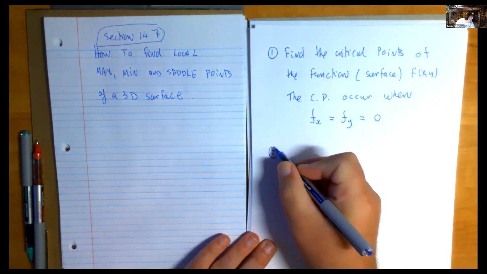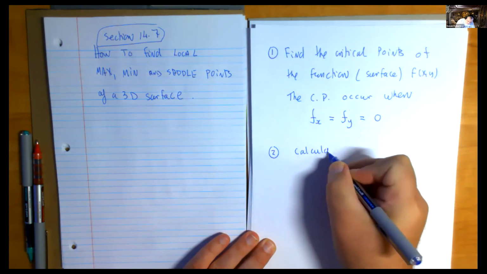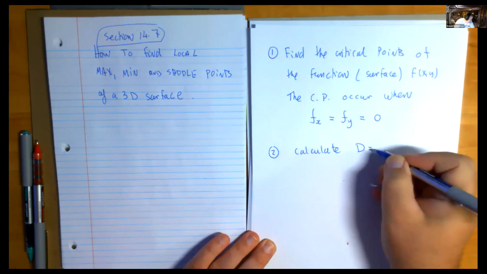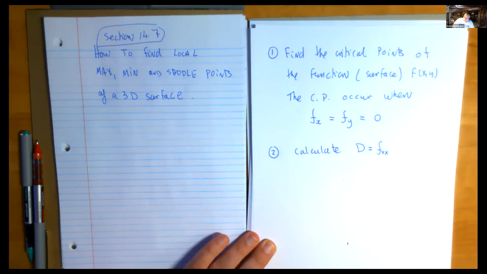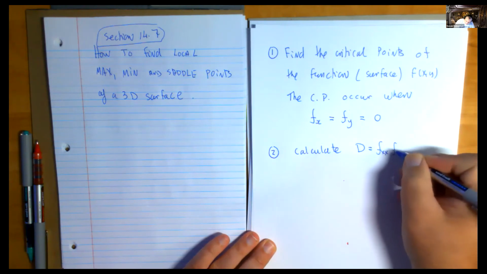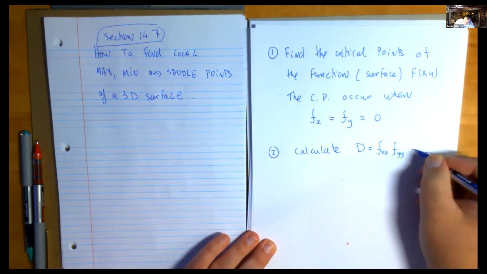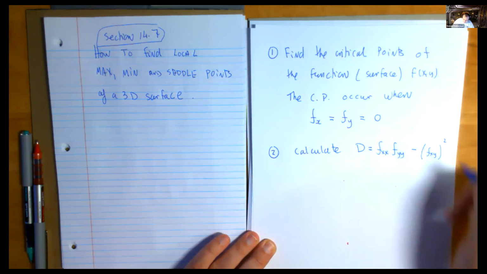The second thing on our shopping list is you calculate d. And d is the second derivative with respect to x multiplied by the second derivative with respect to y, take away the second derivative xy squared.